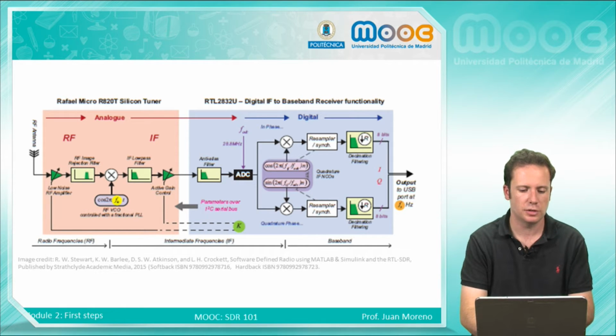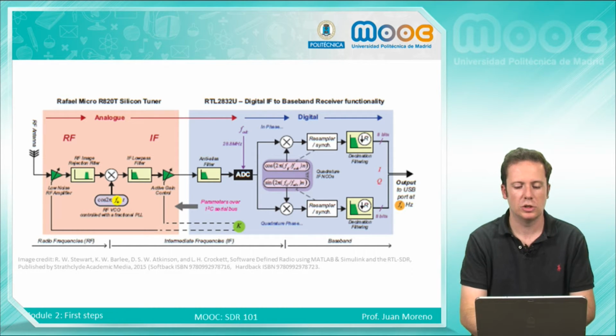If you look in more detail at this diagram, you will see that the first step is a low noise amplifier. Its objective is to amplify the signal, introducing as little noise as possible.